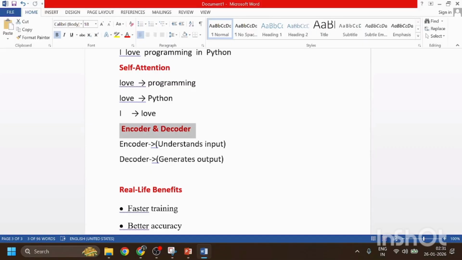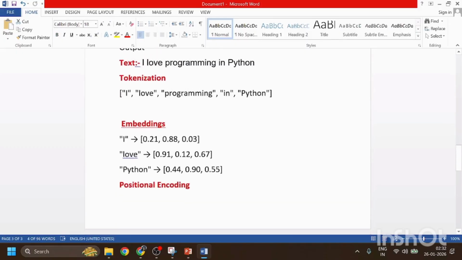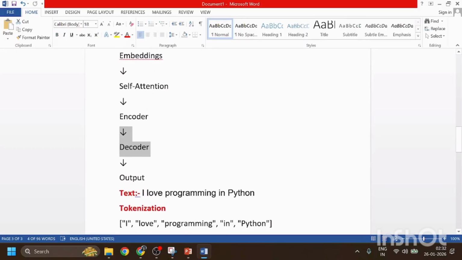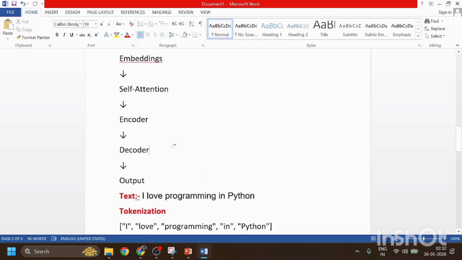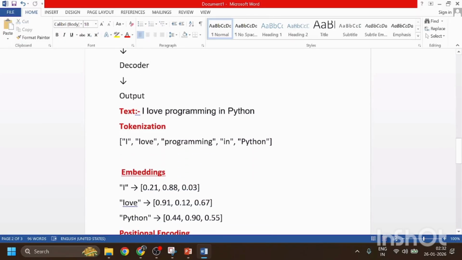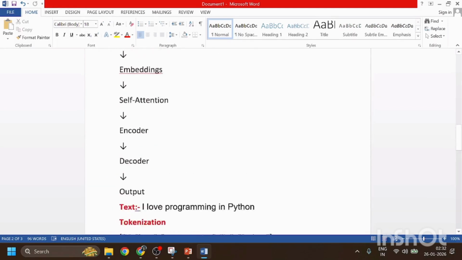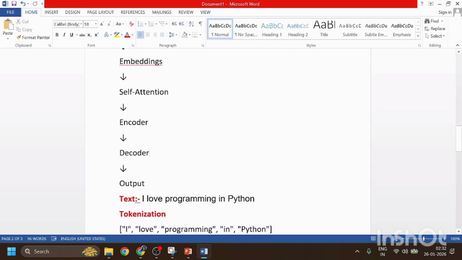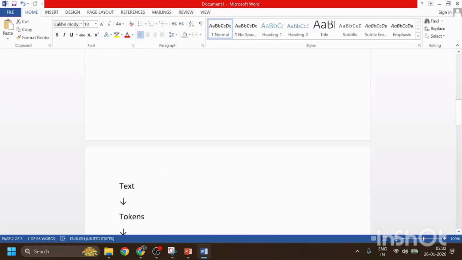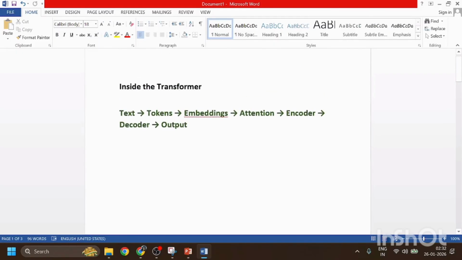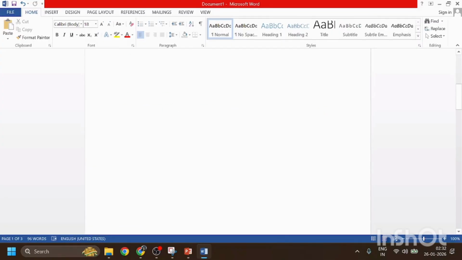Together these two form the transformer. After this we get our output. So this is the basic pipeline, or architecture, of the transformer.